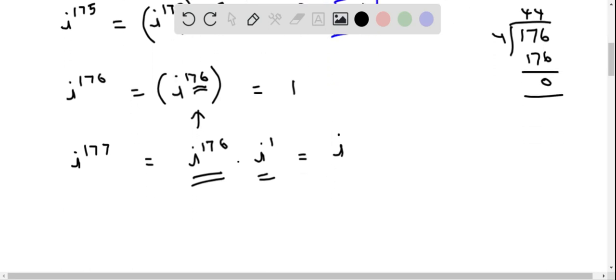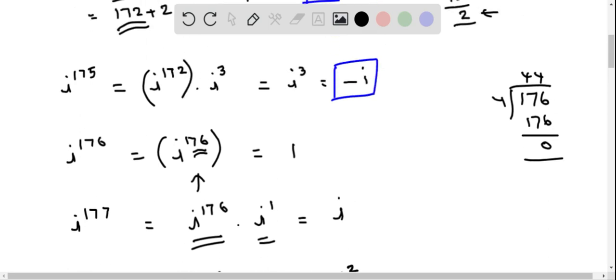And finally, we have the last term, i raised to the power of 178. We can rewrite this as i raised to the power of 176 times i raised to the power of 2. We know that the power 176 is a multiple of 4, so once again this is 1, and this becomes i squared.